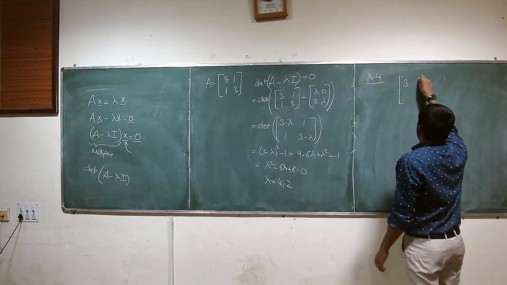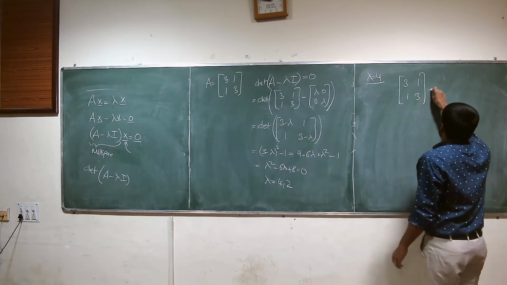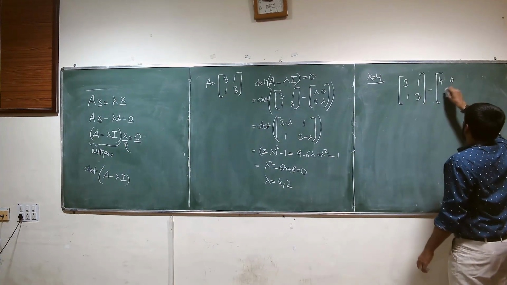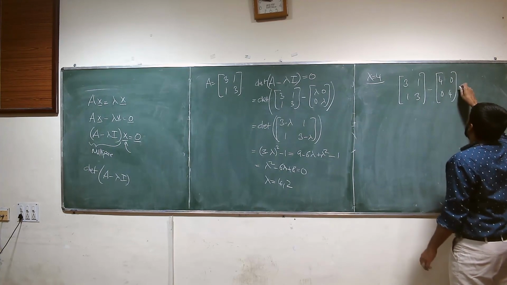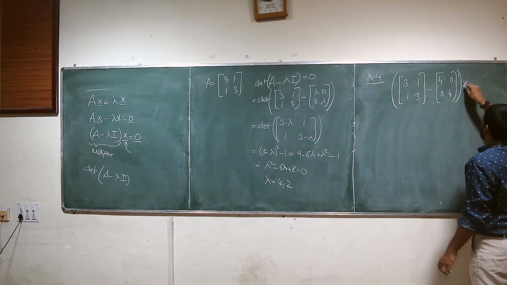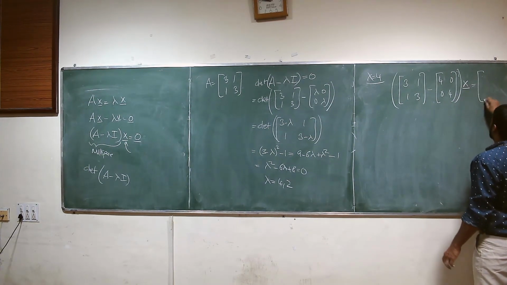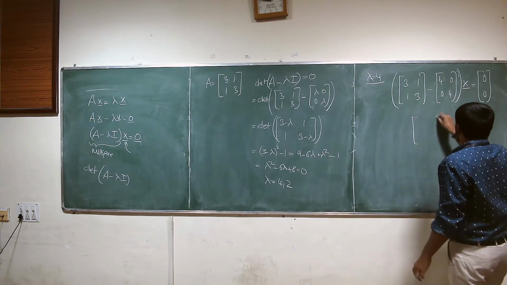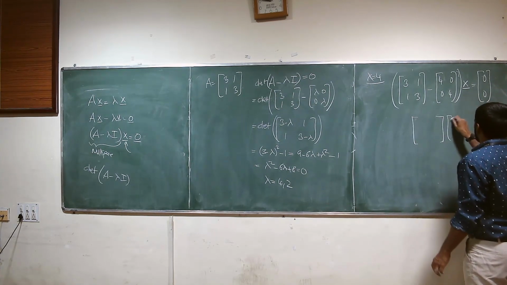This is 3, 1, 1, 3, and then I choose 4 first, so this is 4, 0, 0, 4. This whole thing multiplied by the corresponding eigenvector should give me 0. And this vector is simply x1, x2.